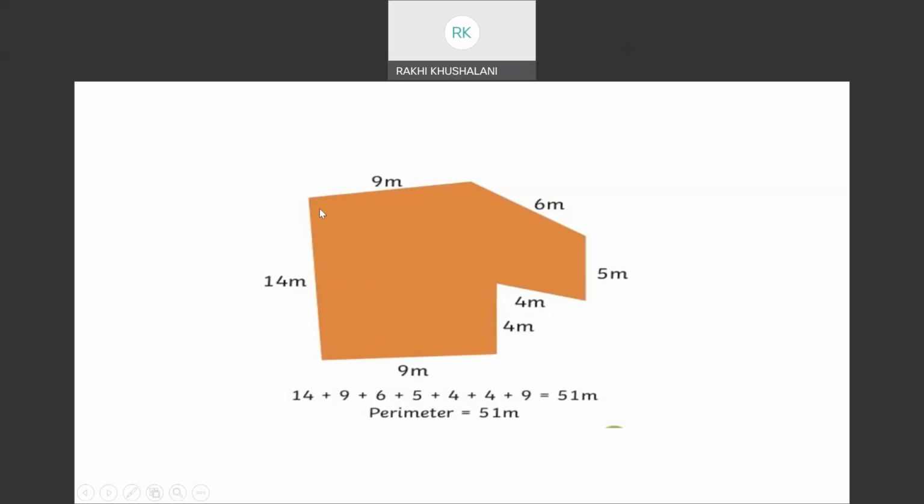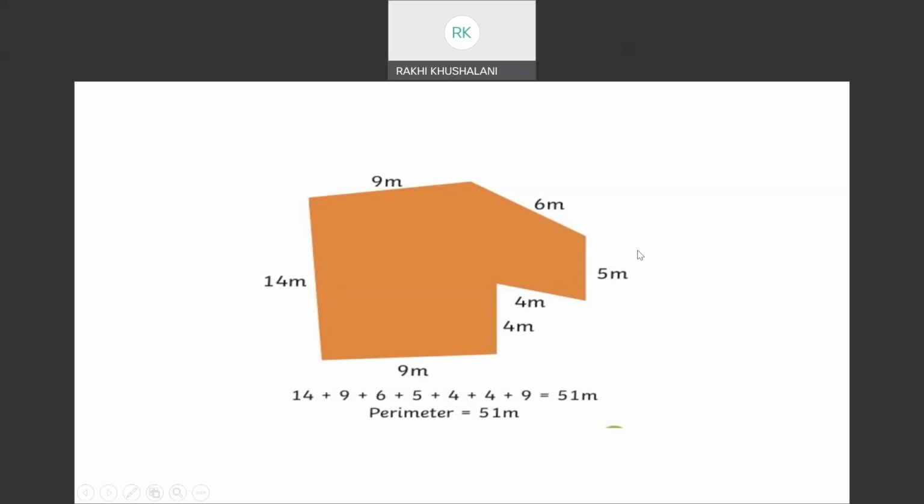The length of all the edges: 14 plus 9 plus 4 plus 4 plus 5 plus 6 plus 9. I hope you're following. 14 plus 9 plus 4 plus 4 plus 5 plus 6 plus 9, which gives me 51 centimeter as the perimeter of this orange shape.